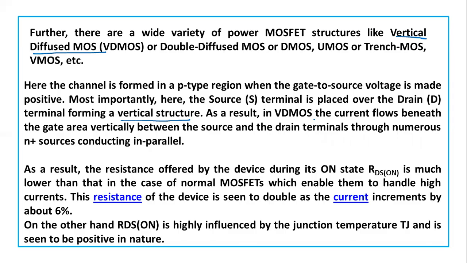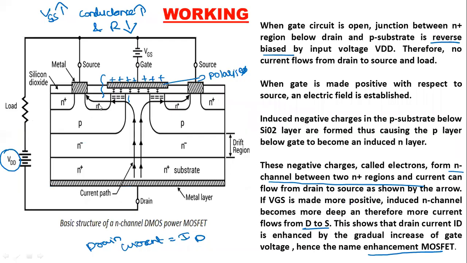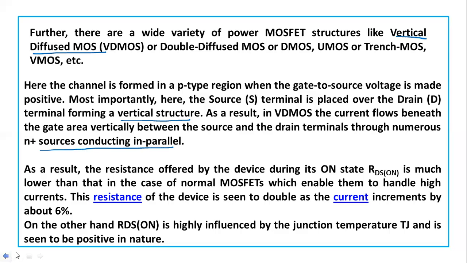As a result, in VDMOS, the current flows beneath the gate area vertically between the source and the drain terminals through numerous N plus sources conducting in parallel. That's what you can see here, how the current flows from the drain to the source. So, as a result, the resistance offered by the device during its on state, RDS on, is much lower than in the case of a normal MOSFET.